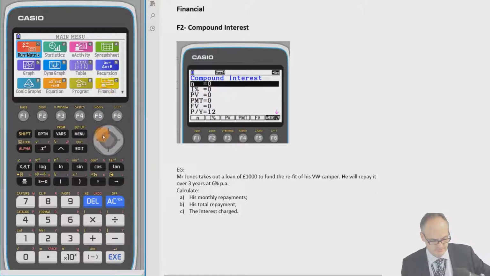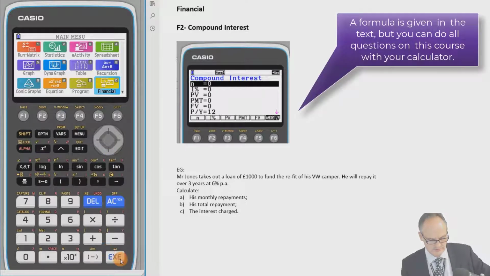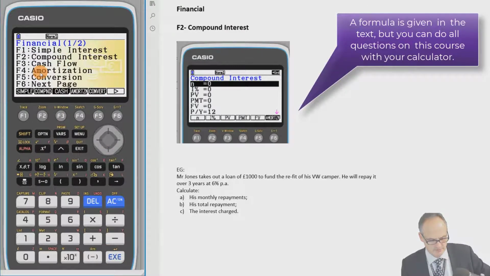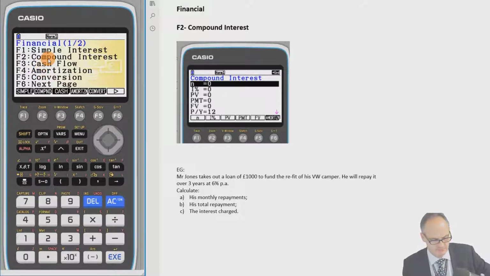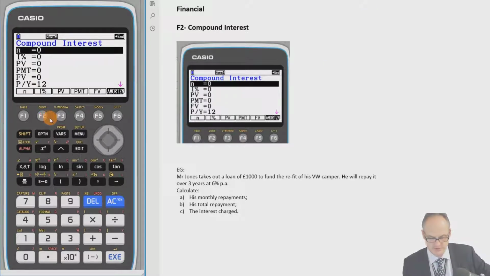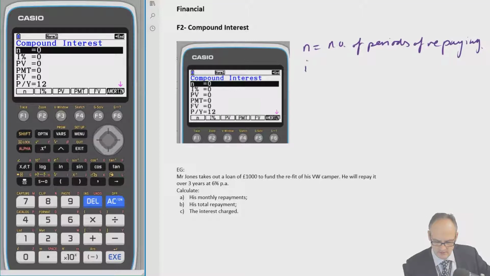So we go into the financial maths. I can move my cursor across and drop it into the financial maths, and we're not going to use the amortization button, we're going to use the compound interest button. You can do this all with compound interest. N will equal the number of periods of repaying. I is the annual interest rate.